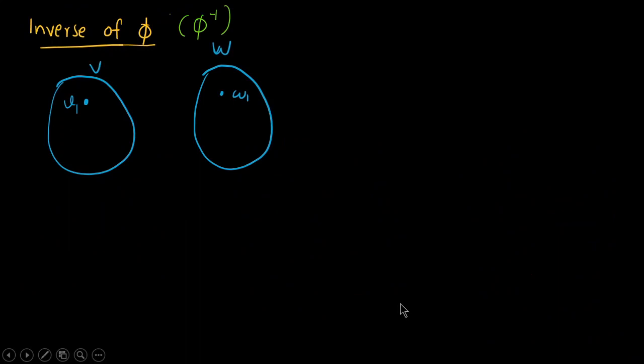Okay, then the inverse of a mapping, and this is possible only if the mapping is bijective. So we have the vector spaces V and W, and we are mapping one vector from V to the vector space W. Suppose we are mapping V1 to W1, that is phi of V1. If this is a bijective mapping, we can do the reverse mapping.